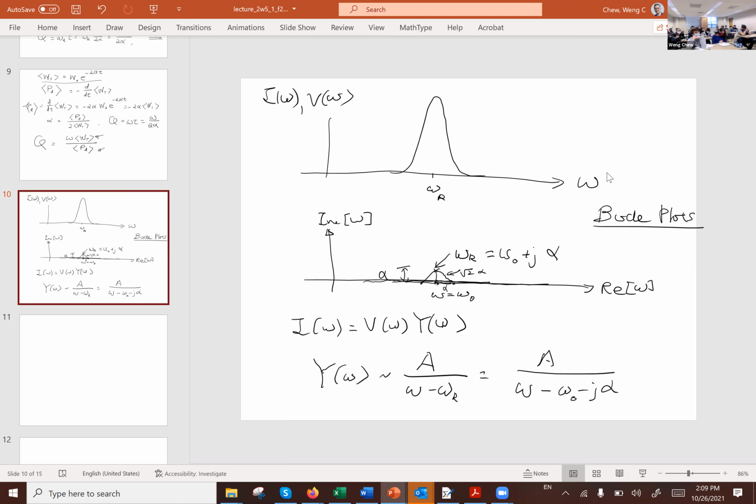It's called the half power bandwidth in electrical engineering. That is the value where the peak drops to half its original power.